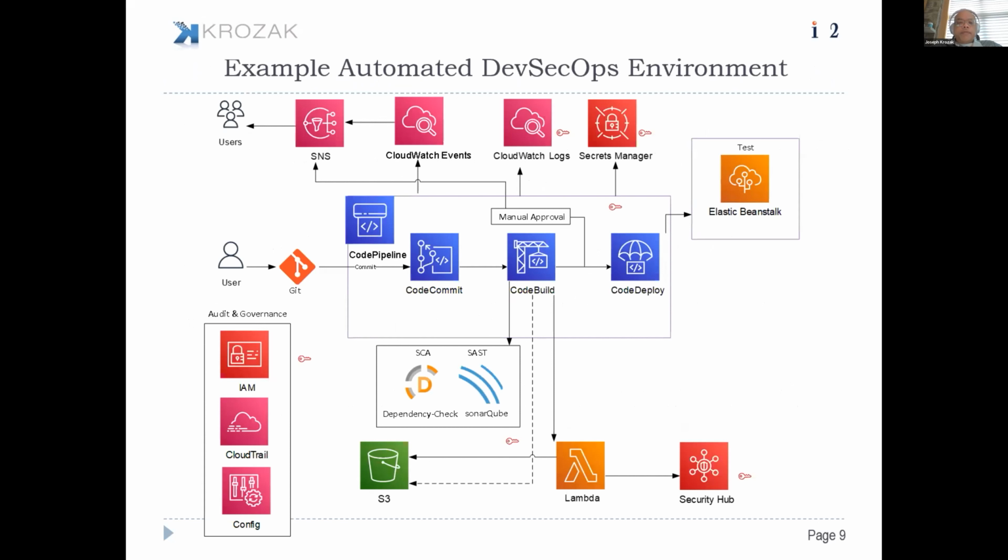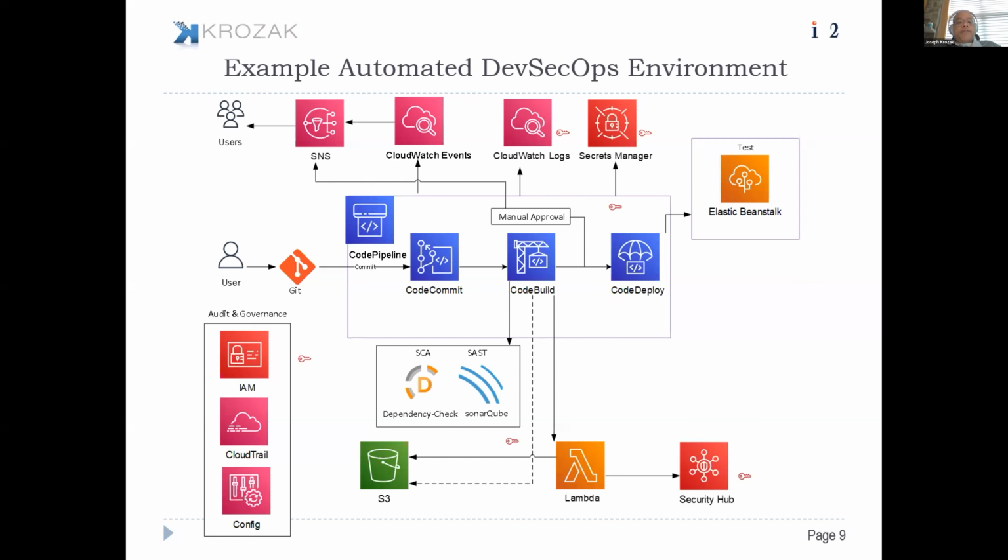This is a typical AWS architecture or cloud environment diagram. And this is an example of the kind of blueprint for DevSecOps that we're now beginning to deploy in our customer engagements. So you'll see there in the middle, the user is basically a developer.